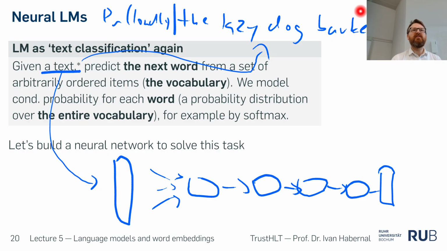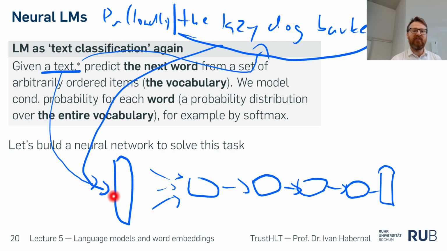So how do you turn this into input of a network? Yeah, I put a lazy dog here. Somehow I put the lazy dog barked here. I need to put it here. But how? How do I turn text into something like a vector?